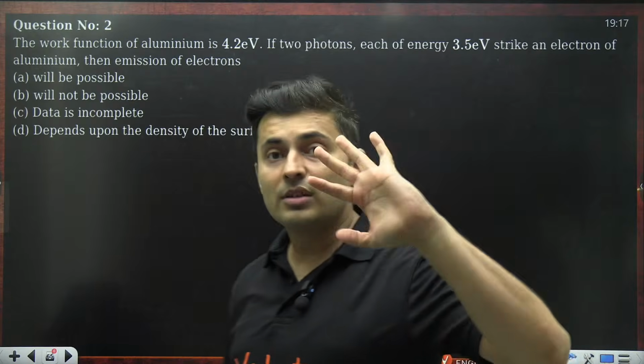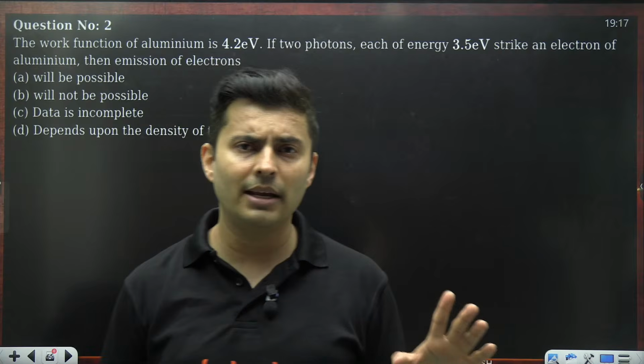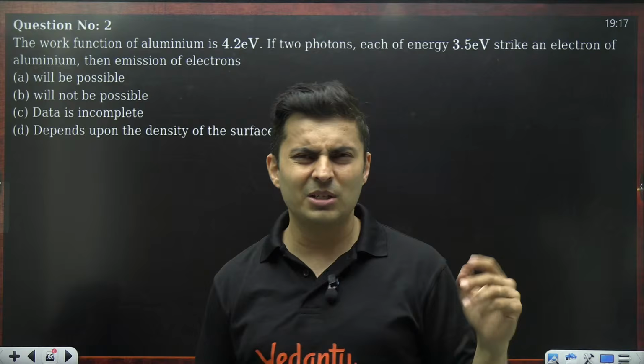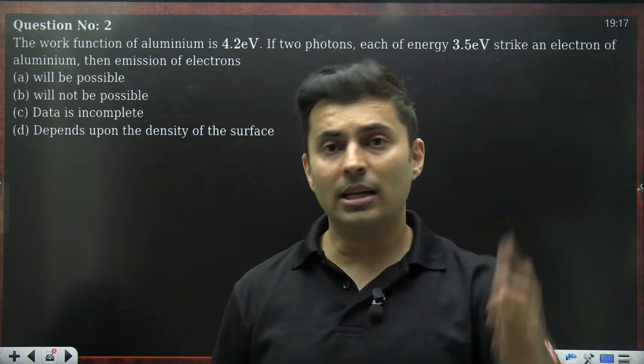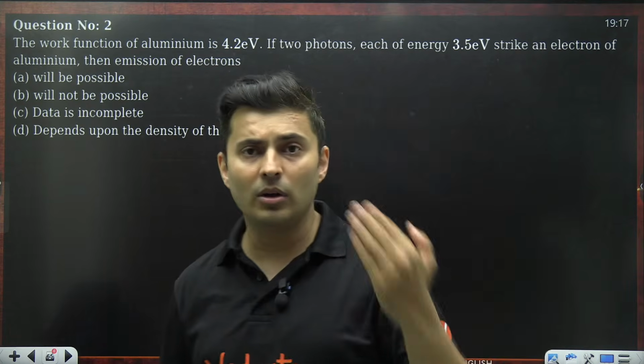Please don't take objective questions or MCQ questions of CBSE very lightly, because when you're writing the JEE exam, you think, CBSE MCQs, I'll do it. No, it might not be 10 minutes or 5 minutes that you take for solving all the objective questions.